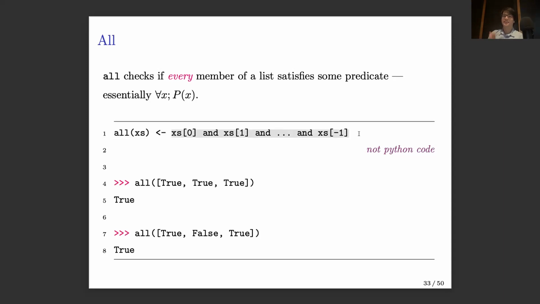It just puts an and in between all of the list elements and then evaluates that conjunction. So that's not Python code, but it is what it's doing. The problem becomes, what happens when this is an infinite stream?